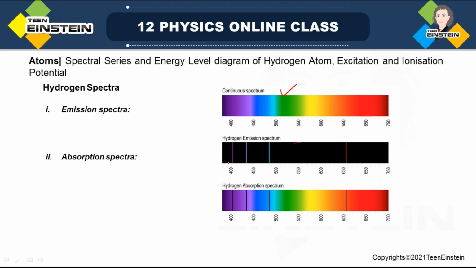If they are in the visible region, we will be able to see these lines. In hydrogen there are various series of lines like this, and only the Balmer series is visible. So this is emission spectra, when electrons de-excite from an excited state. Now look, I have already shown you, this is the initial, the higher energy level, and this is the final, suppose the lower energy level.